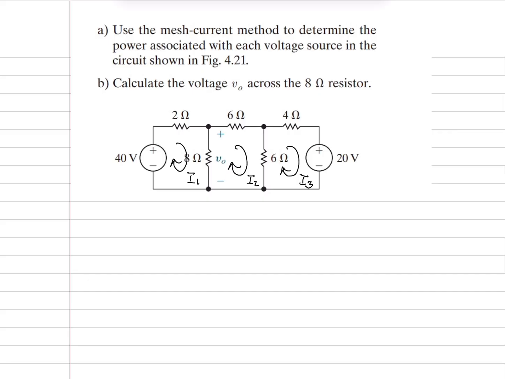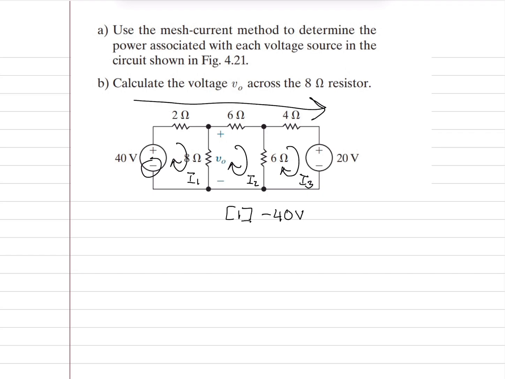I'm going to analyze them from the left side to the right side. In the first mesh, we have this independent voltage source. Since we're going in from the negative sign, I'm going to assign it negative 40 volts.